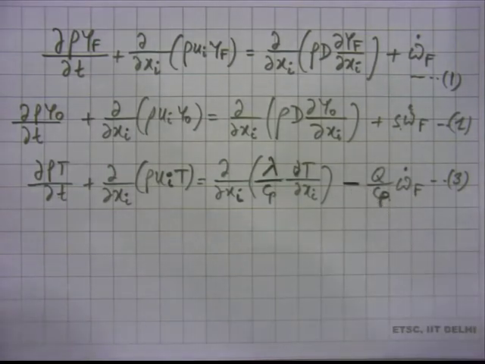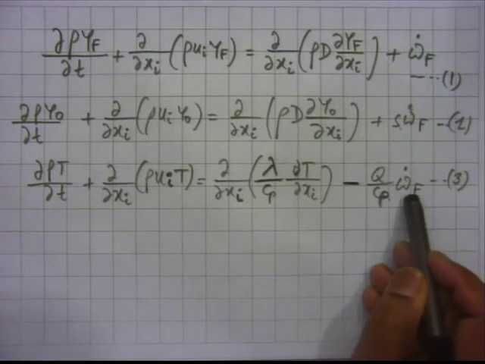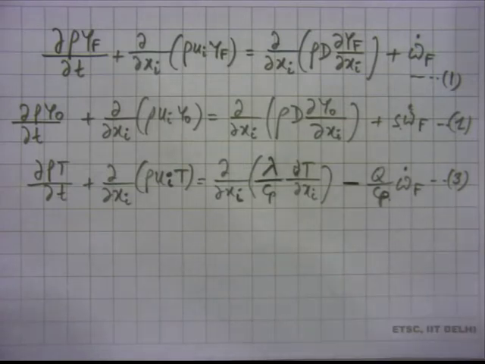So you will notice that the source term has a Q. The Q has to do with the heat which is released in combustion per unit mass of fuel. And then you have Cp, and then you have omega dot f. So you will notice that all three equations now have omega dot f. Let us see whether we can develop some more understanding of these equations.